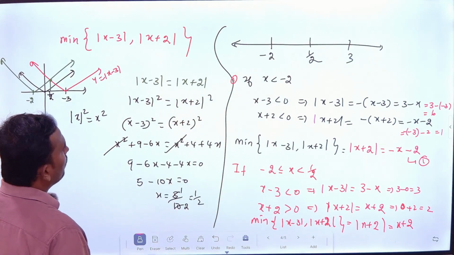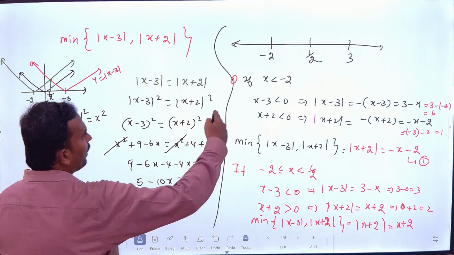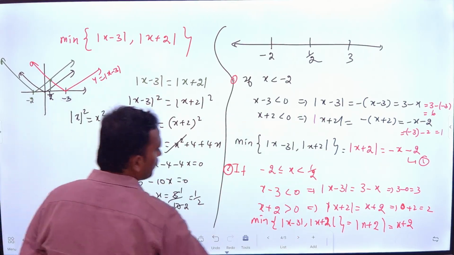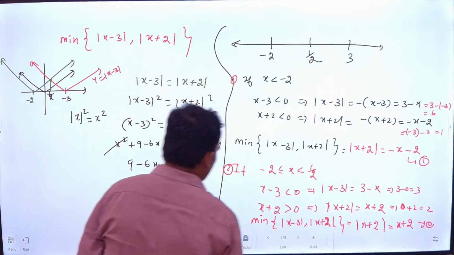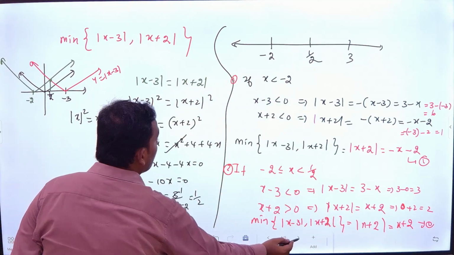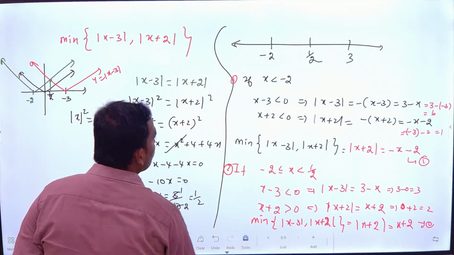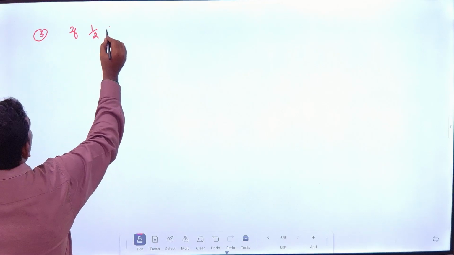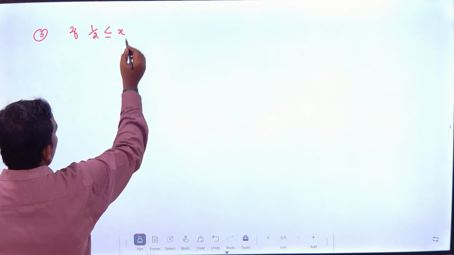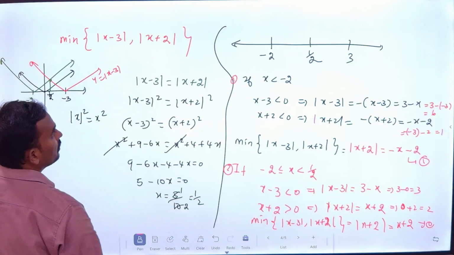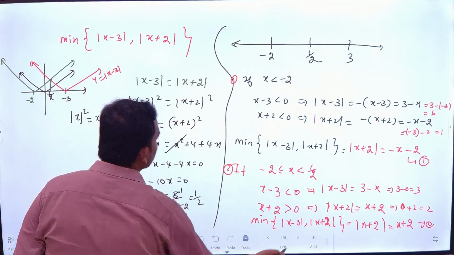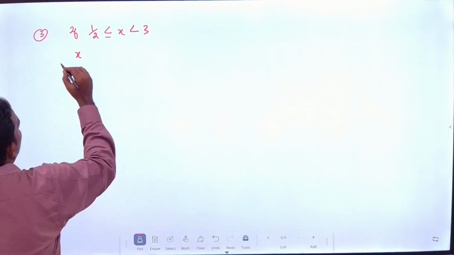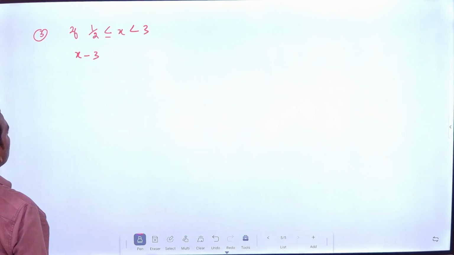Let's define the 1 by 2 to 3. The next interval, this is the second one, right? Let's do the third one. 1 by 2 to 3. So now you can check x minus 3.